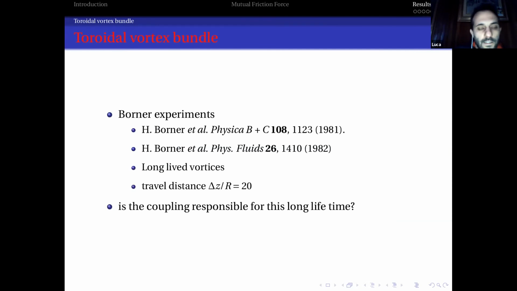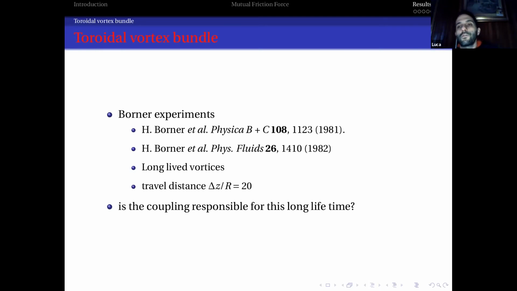So the last few slides I want to show are an attempt to model some experiments performed by Borner and collaborators in the early 80s.